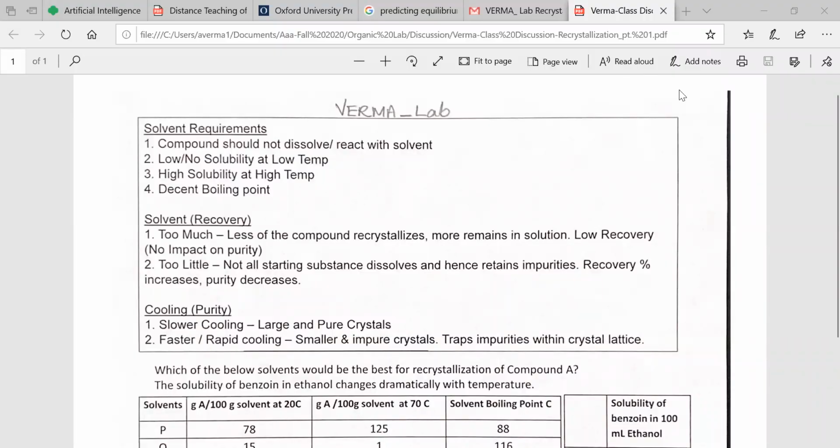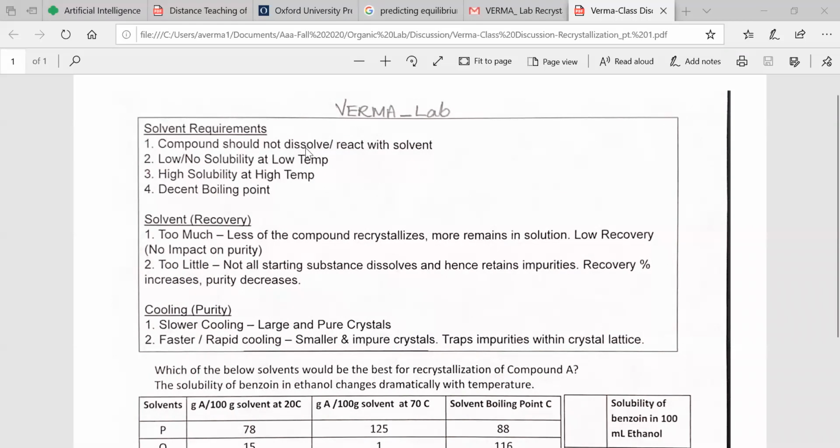During recrystallization, you will dissolve your impure solid in a solvent from which it will recrystallize out as a pure compound. But that solvent has to fulfill all of these 4 requirements before we can actually use it for our recrystallization.